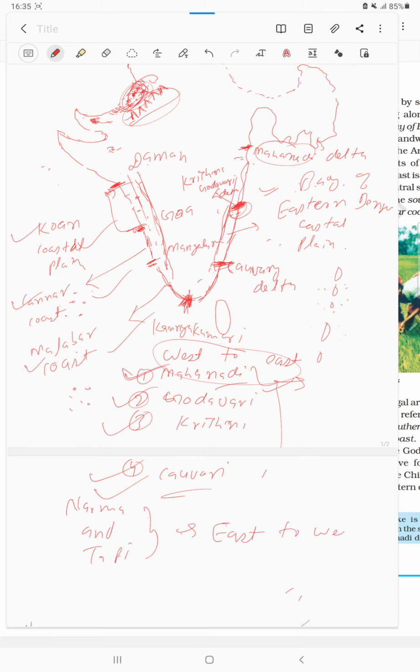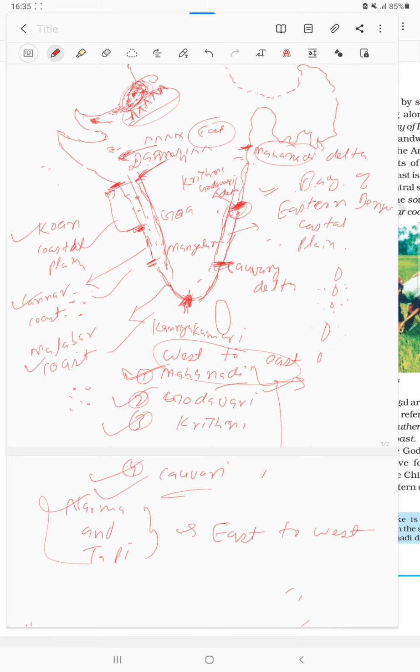Suppose here is the Vindhya range, then here is the Narmada, and then the Satpura range, and here is the Tapi river, and this river flows in this side. Clear? That means east to west. Only these two rivers, just remember this.